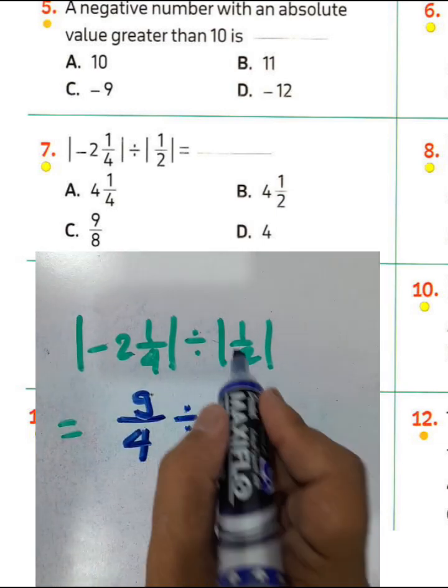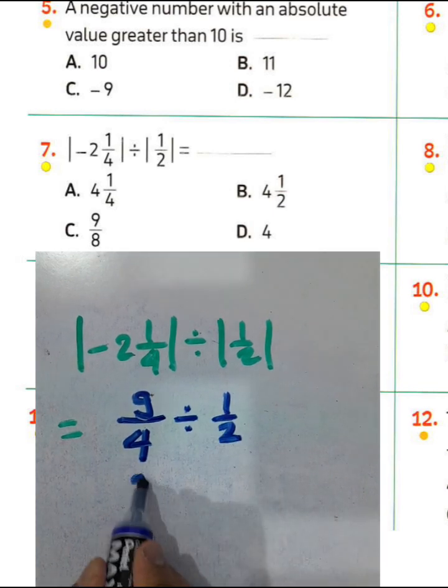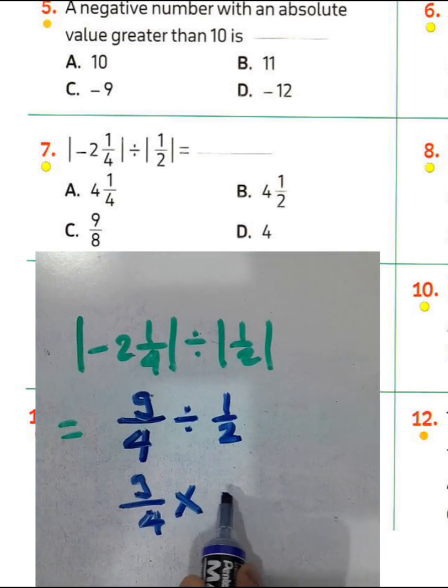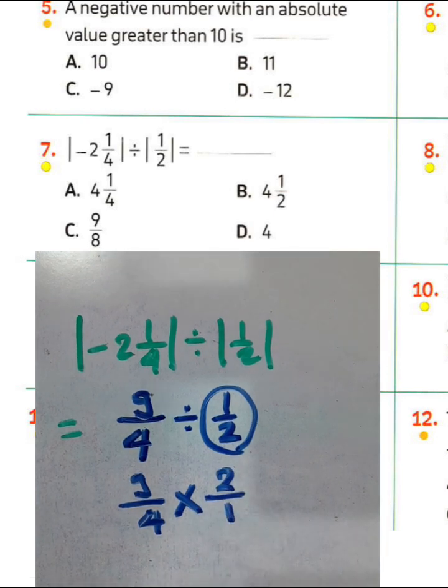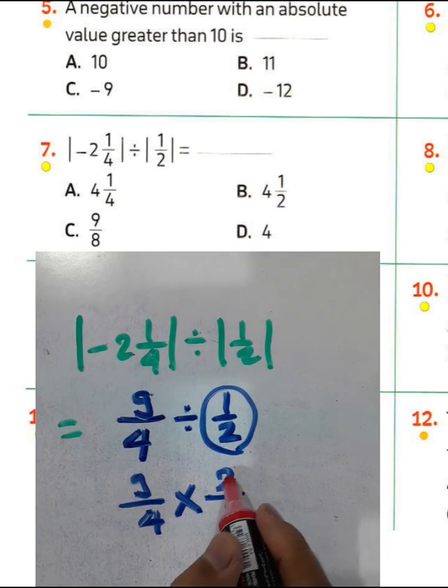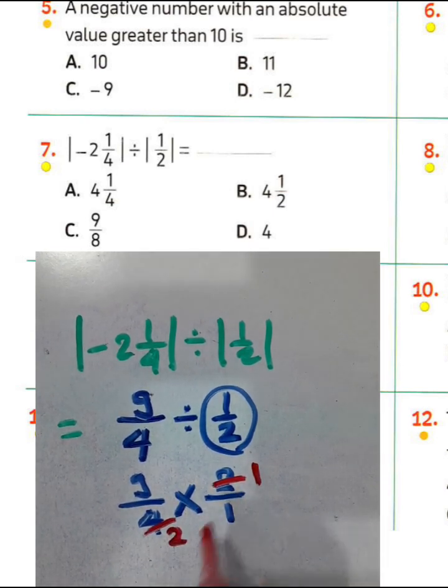Divided by the absolute value of half, it will be half. Then 9 over 4 multiplied by 2 over 1, and then you can simplify it. 2 divided by 2 equals 1, and 4 divided by 2 equals 2. Then 1 times 9 equals 9, 1 times 2 equals 2. The result will be 9 over 2.